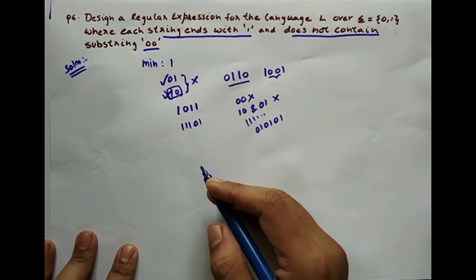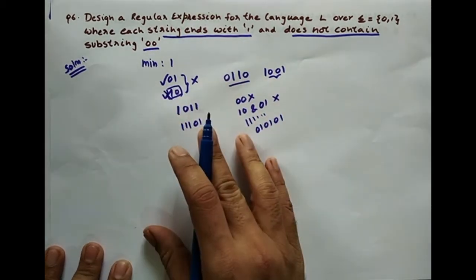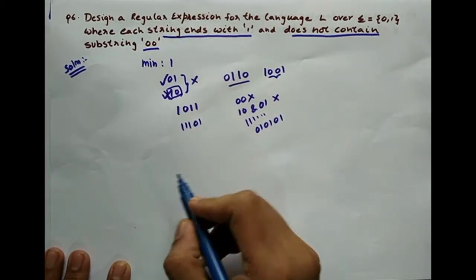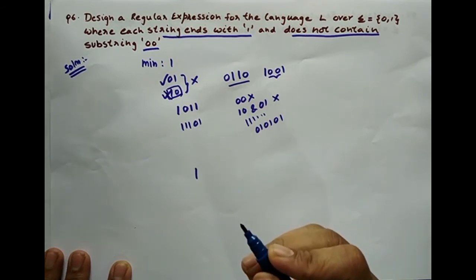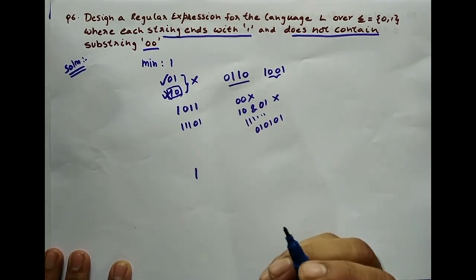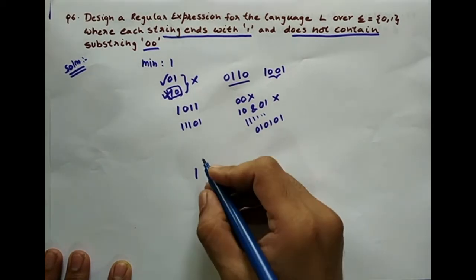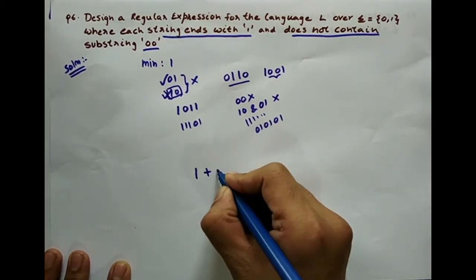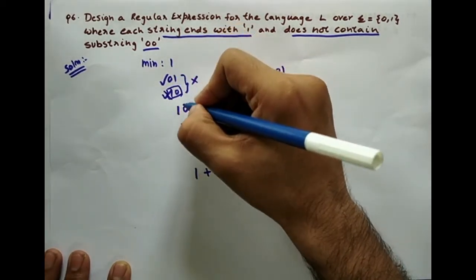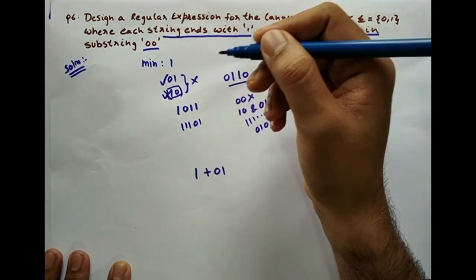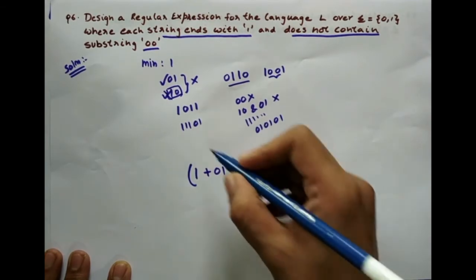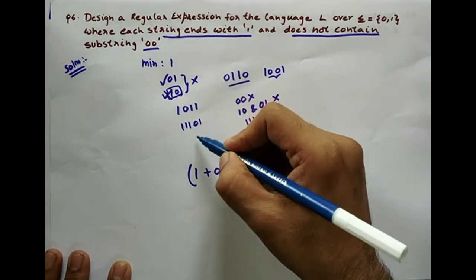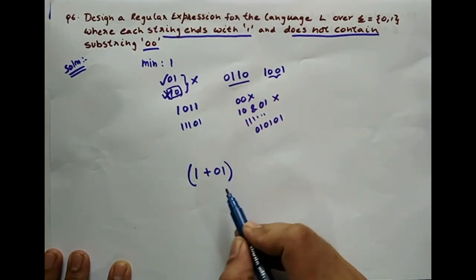So in general, if we look at this problem, okay, the possible string sequence that can be retained is 1 or 0, 1. So you can retain 1 or you can retain 0, 1, okay, and any combination of these two, because ultimately these strings which are there, they are a combination of 1 and 0, 1 together.